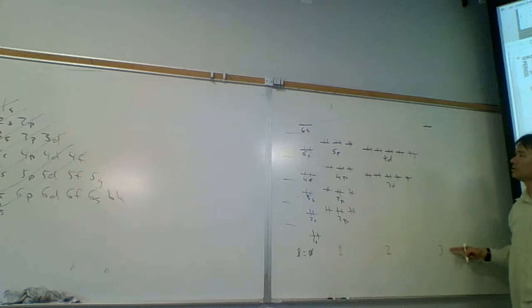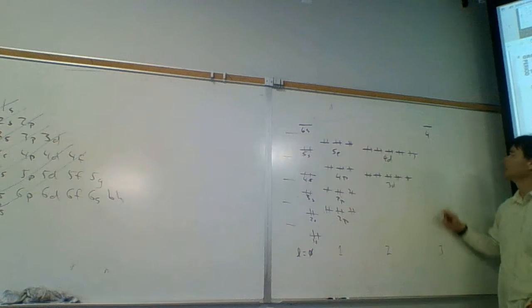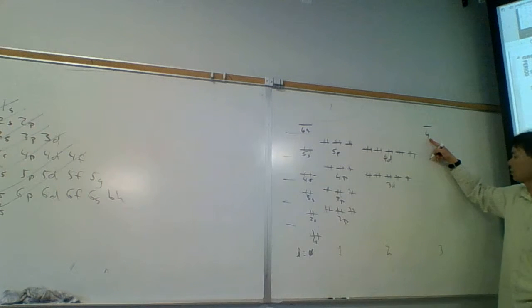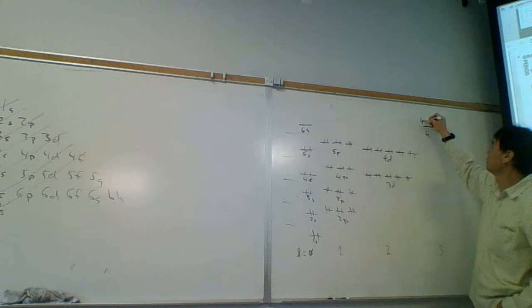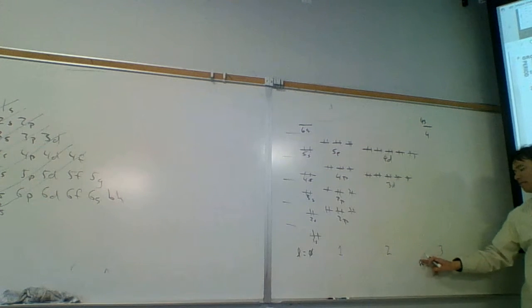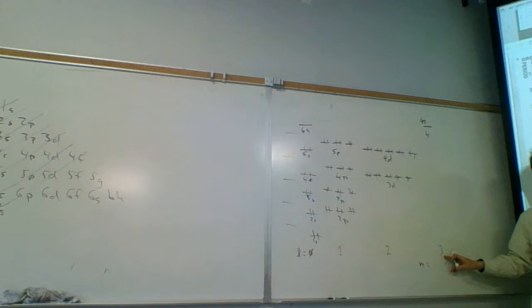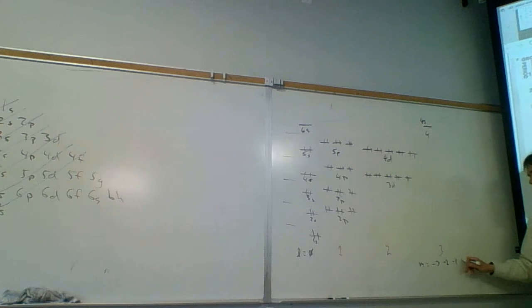Now, how many orbitals are there? I'm going to use quantum numbers to figure that out. So it's going to be a 4, and then L is a 3. So this is 4, 3, and then M. What are my allowed M values? If L is equal to 3, then I can get M values from -3 to +3. So it's going to be -3, -2, -1, 0, 1, 2, 3.